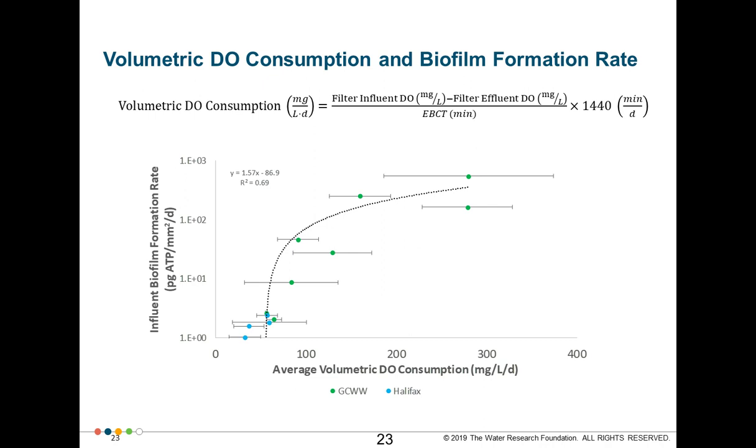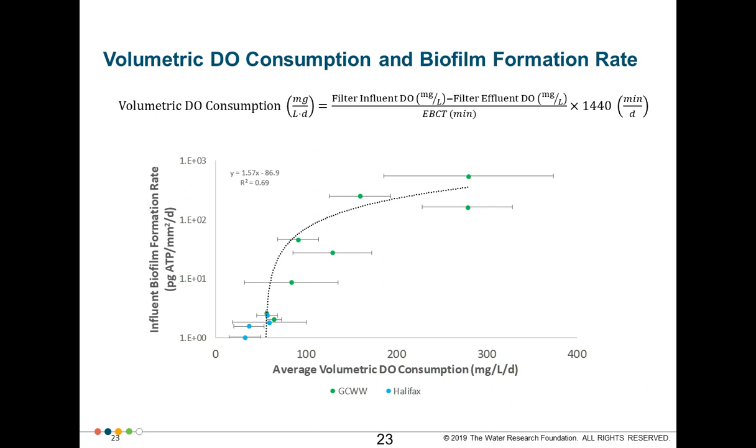The next thing that we compared was our biofilm formation rate readings with the DO consumption. And instead of just comparing it as the removal of or change in DO from the filter influent to the filter effluent, we calculated the volumetric DO consumption. And this is because the biofilm formation rate is a rate. It's the rate of accumulation of biomass over time.